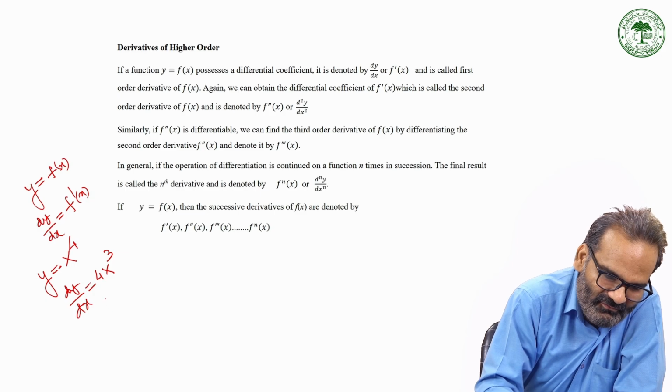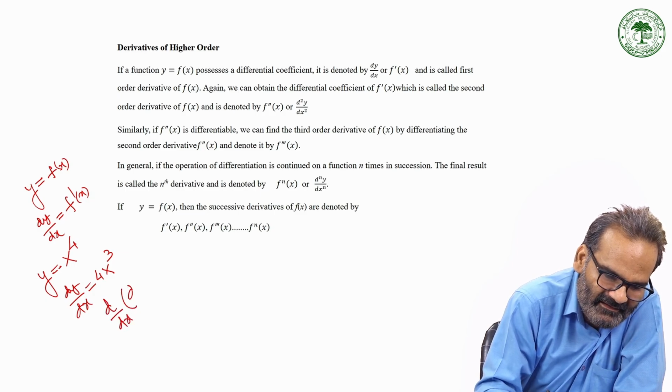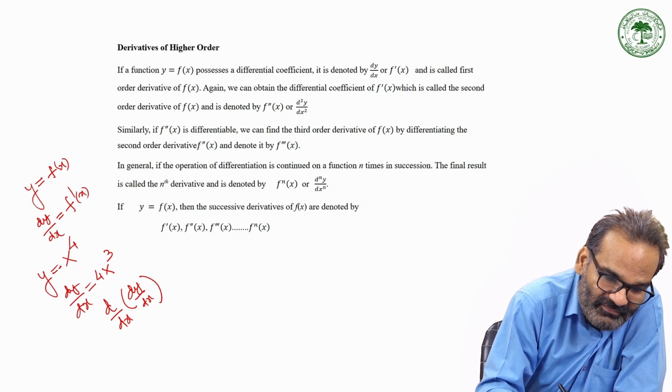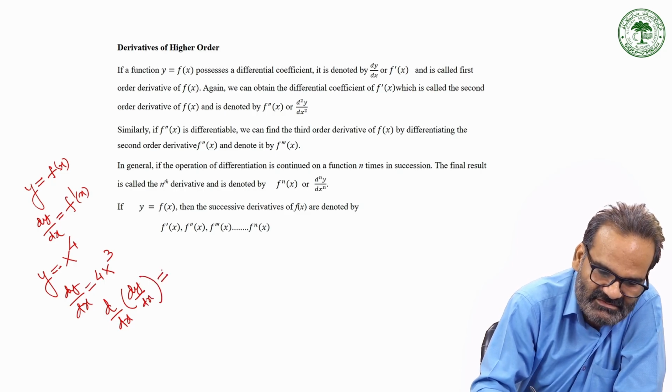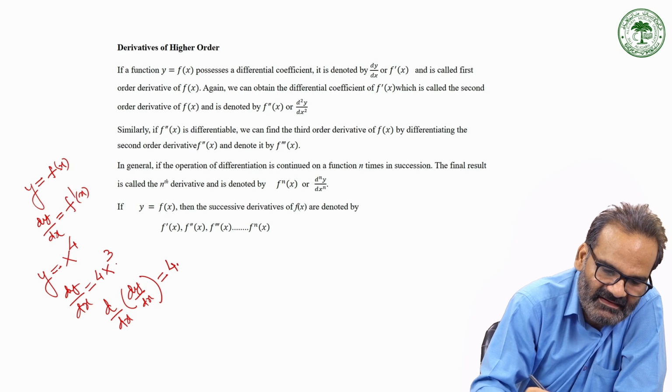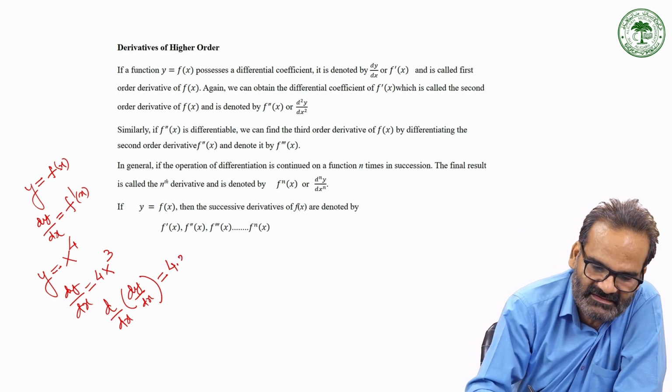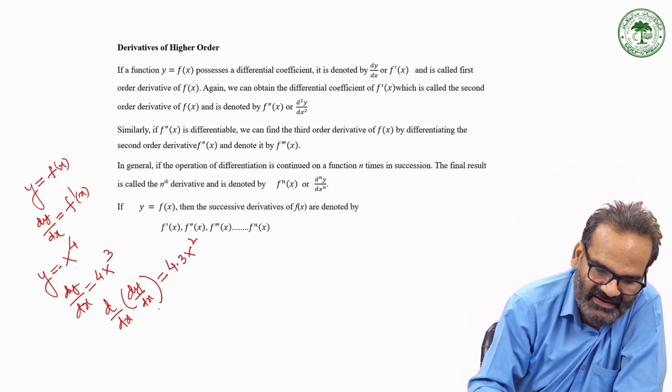So we write it as d over dx of dy over dx. This means the derivative of the first derivative. This is equal to 4 remains as it is, derivative of x cube is 3x square. Multiply inside, you will get d2y over dx2, that is 12x square.